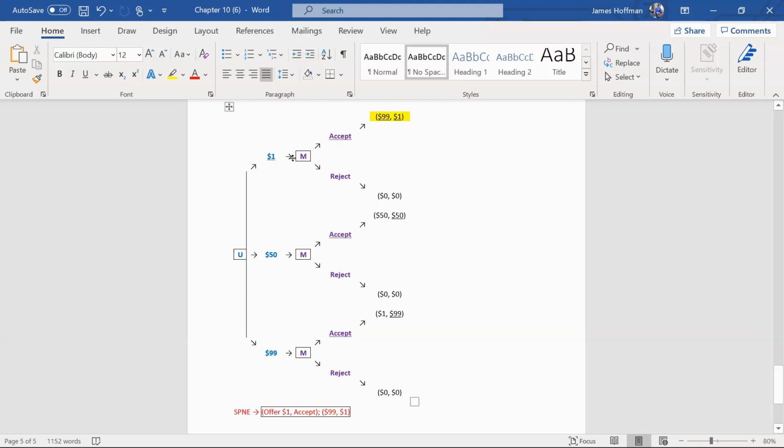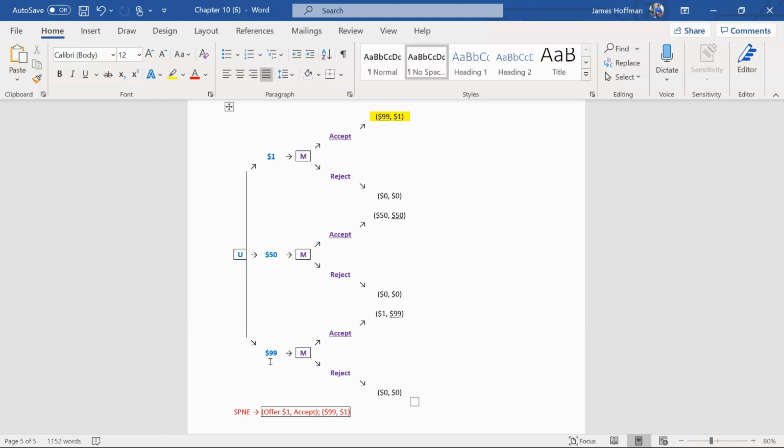If the union offers $1, management can accept it, and that means they get $1 and the union gets the rest of the 99, or reject it, and both get zero. If the union offers 50, management can accept it and both get 50, or reject it and both get zero. The third scenario is the union offers 99.